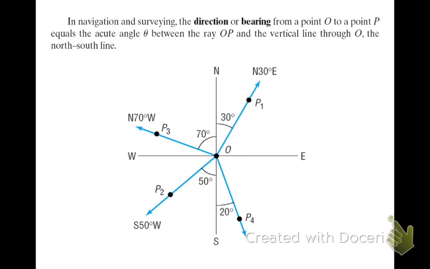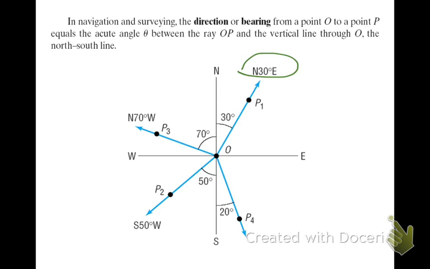So right here we would consider this to be a bearing, and we would say north 30 east. So that means what they're telling you is you're going to come off the north line and go 30 degrees east.